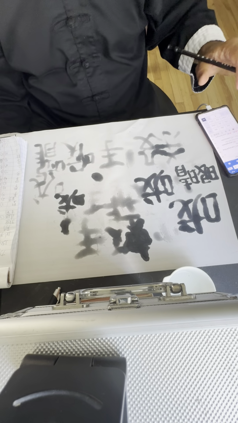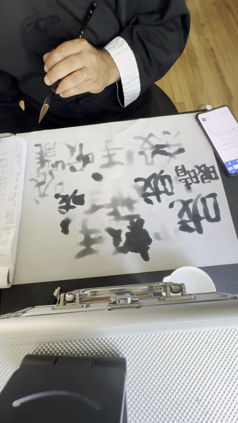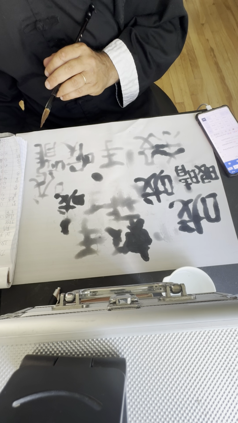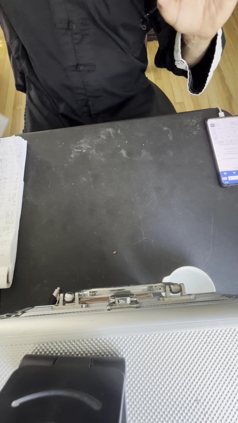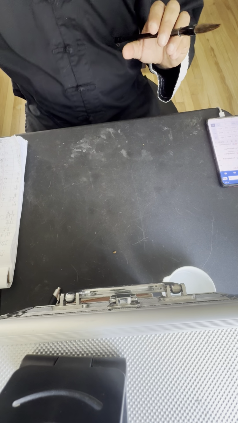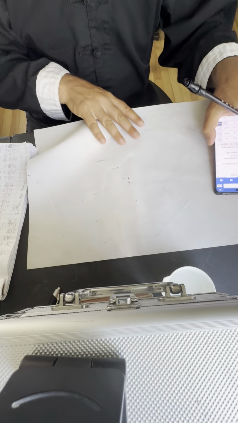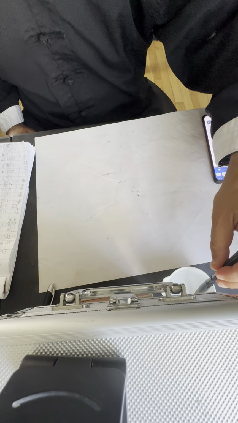Yan is third tone. So the tones are very important in Chinese, so I would focus on learning that. So now, for the next one, we're going to just move this away. In the next, we're going to go through some other characters so you can learn more.